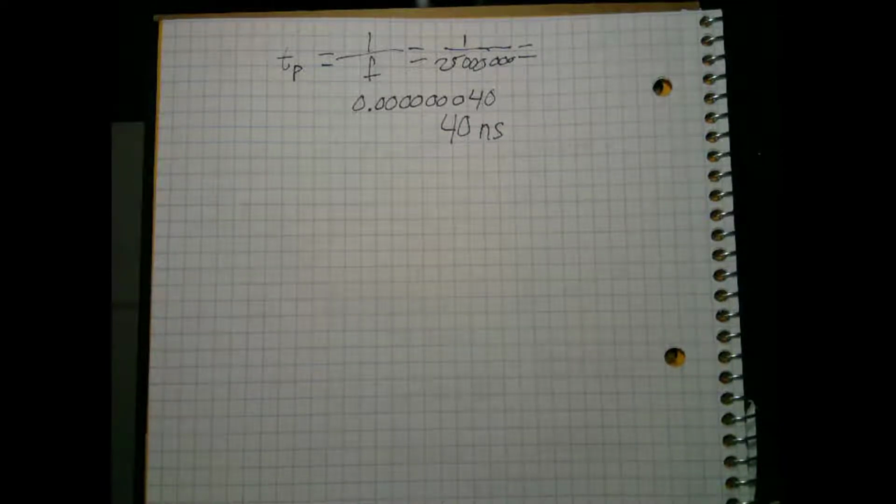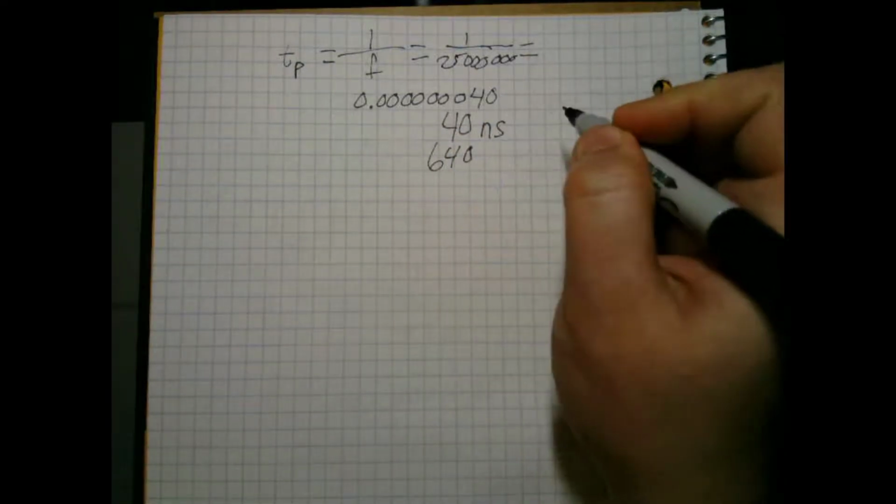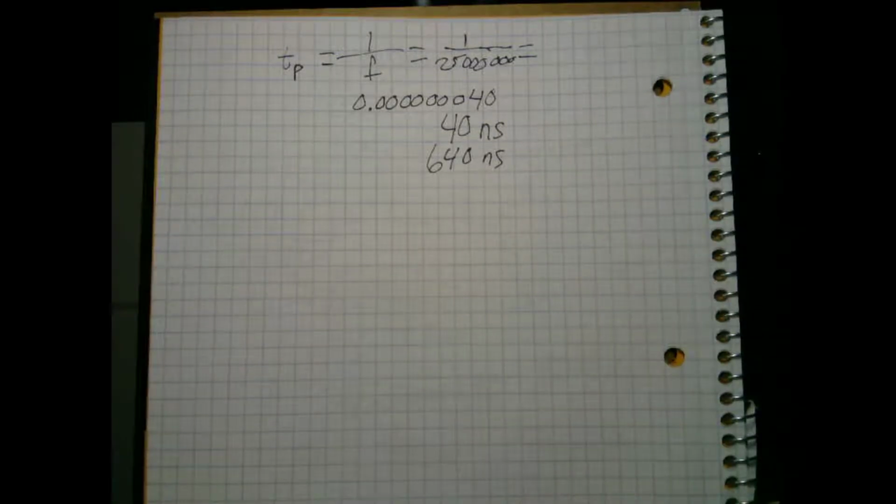It'll take us 16 clock cycles to transmit 16 bits. So we multiply 40 by 16, and we end up getting 640 nanoseconds total to transmit all 16 bits. Or you can think of it as 0.64 microseconds.